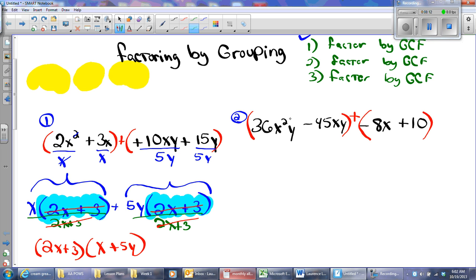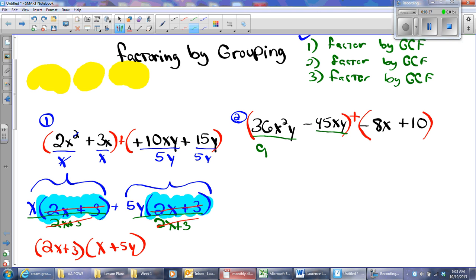Okay, so I'm looking at 36 x squared y minus 45xy, and I'm looking for the GCF. And I'm going to write the GCF under here because that's what I'm going to divide by, and then I'll pull it out. Okay, looks like the GCF of 36 and 45, I think, is going to be 9. I'm not finding a larger one that goes in there.